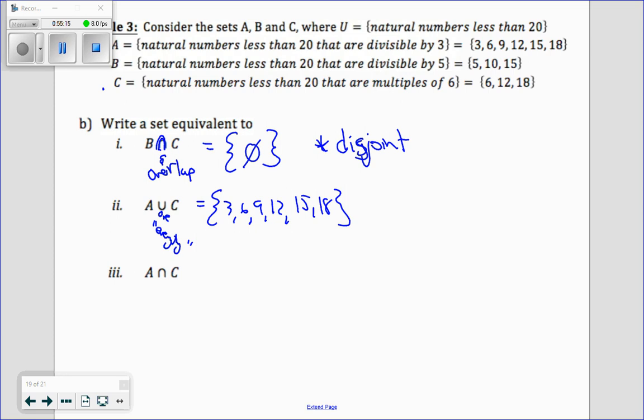No, but the diploma isn't going to write repeats. If it makes sense to you to write it with a repeat so you can show that everything's been smushed together, go right ahead. This means A and C, and is overlap. So what is overlapping between A and C? 6, 12, and 18. Yep.